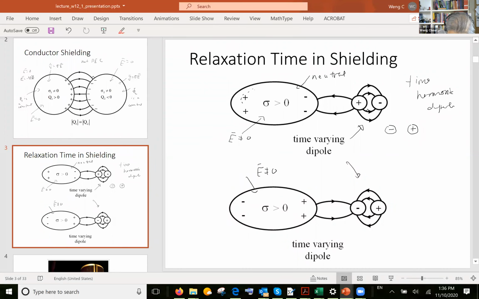In other words, there will be a layer very close to the surface where this penetration depth is the skin depth. Okay, skin depth penetration.